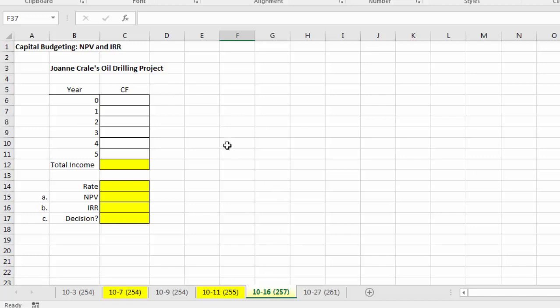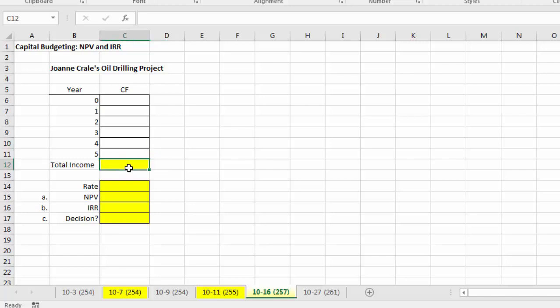And then just another practice problem on that, 1016, similar kind of problem where you've got a person who's interested in acquiring some mineral rights, doing some oil exploration, and she'll have a negative outflow to purchase the exploration rights, and then inflows from the project. Actually, inflows for 4 years and then an outflow because there's reclamation costs at the end.